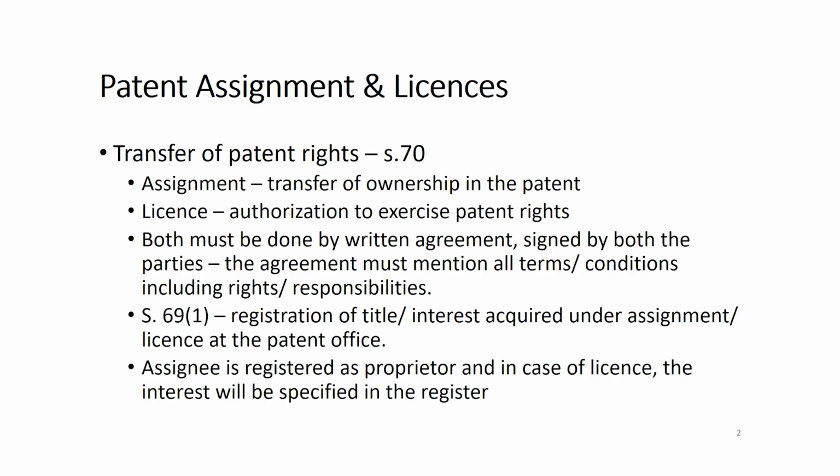In case of license, the interests acquired by license will be registered, and the assignee is registered as proprietor, whereas in case of license, the interest will be specified in the register. So the fundamental ways by which you transfer your patent rights are assignment and license, and the fundamental difference between these two is that in assignment there is creation of interest in favor of transferee, whereas in case of license it is only authorization to exercise certain rights.